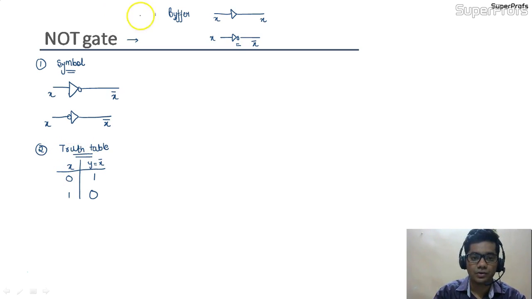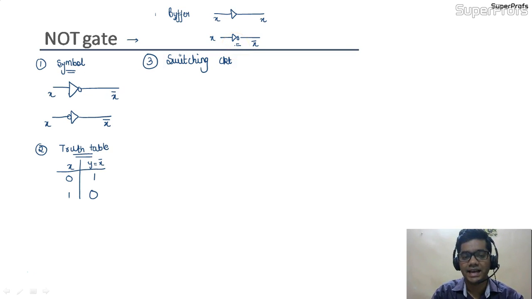Now we are going to discuss what would be its switching circuit. So what do you mean by switching circuit? We should understand we will apply a voltage level. We are applying a voltage and we are connecting a bulb through this voltage level. Now we have to construct such a circuit so that it can represent a NOT gate.